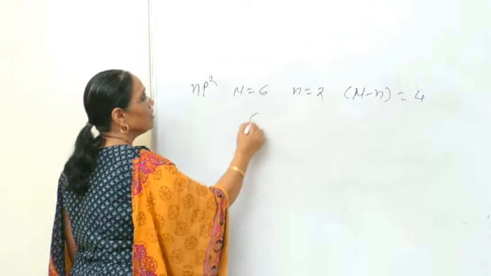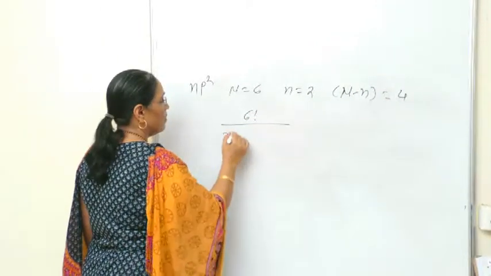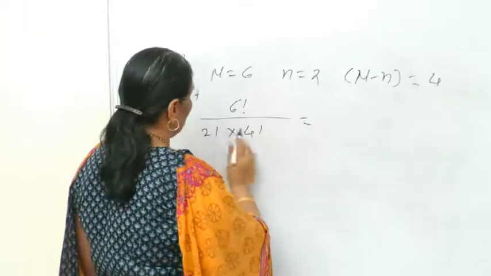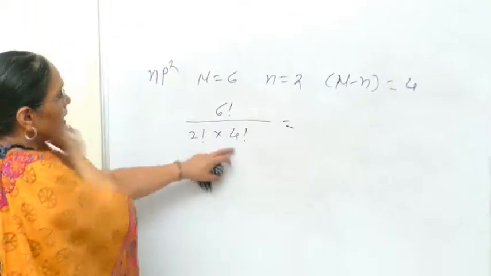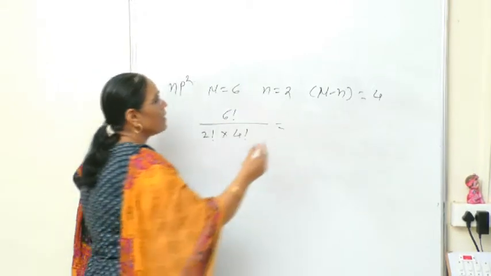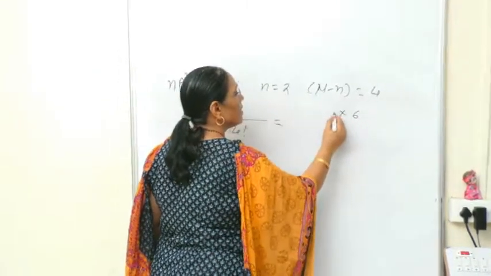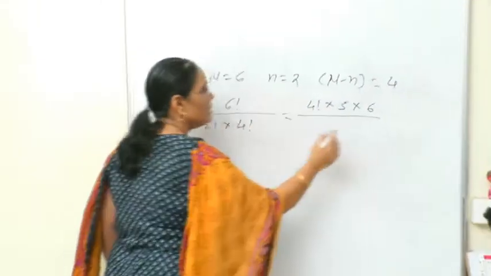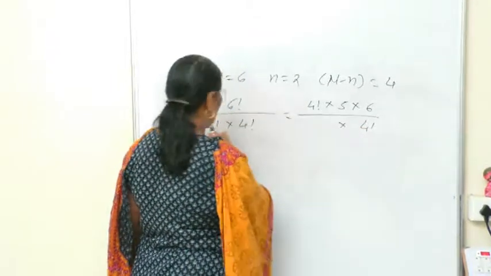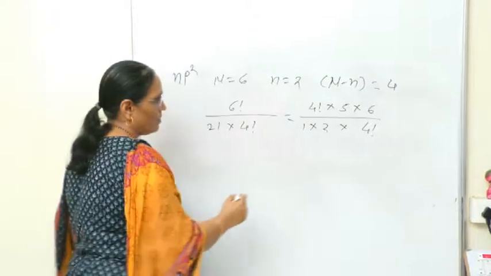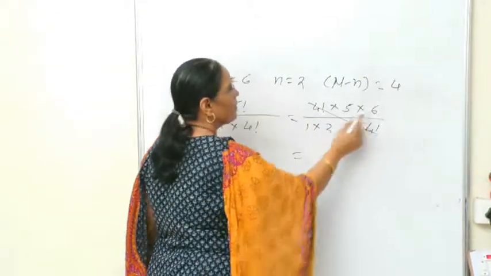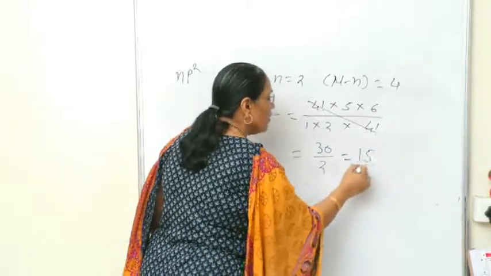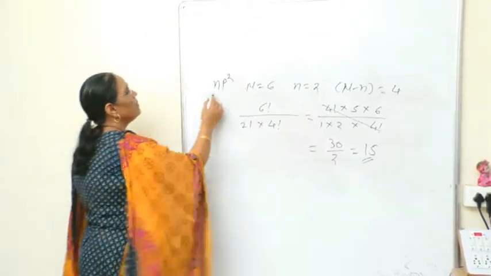So by solving the equation, 6 factorial by 2 factorial into 4 factorial, here the largest factorial is 4 factorial, therefore we can split 6 factorial up to 4 factorial: 6 into 5 into 4 factorial by this 4 factorial into 2 into 1. So 4 factorial will get cancelled, 5 into 6, 30, by 2 into 1, 2. So a total of 15 microstates are possible for np2.